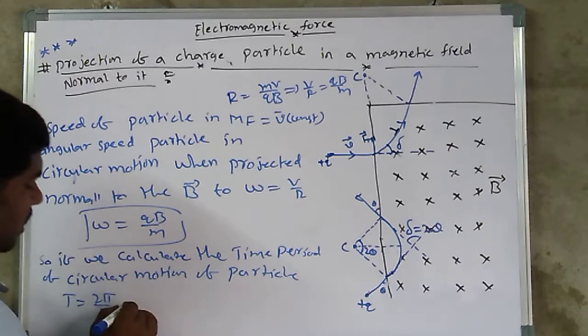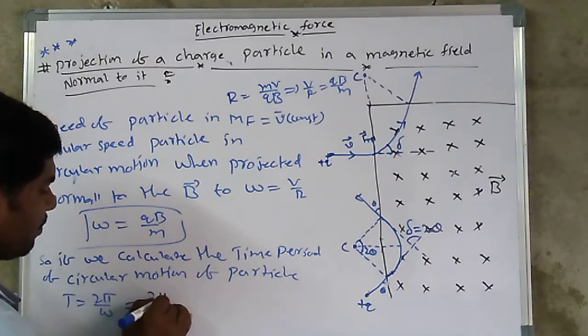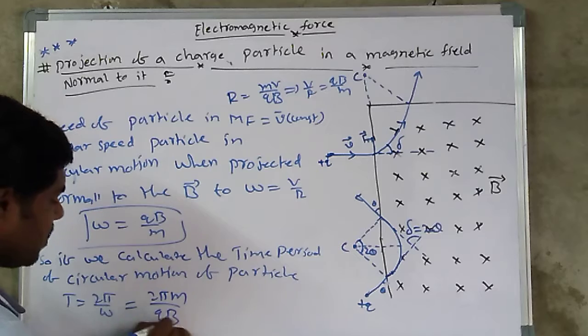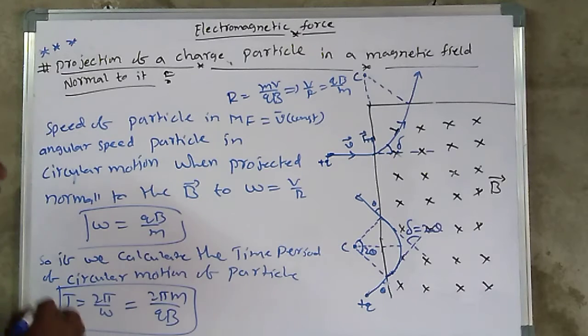Substituting the omega value here, you will get 2 pi m divided by qB.